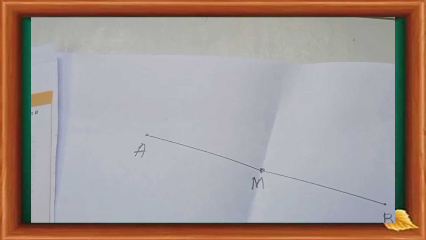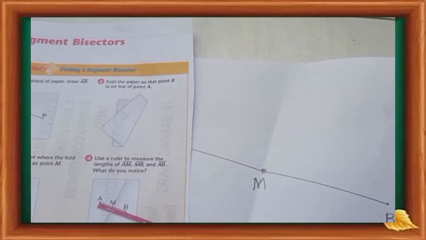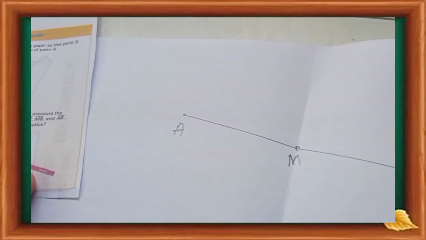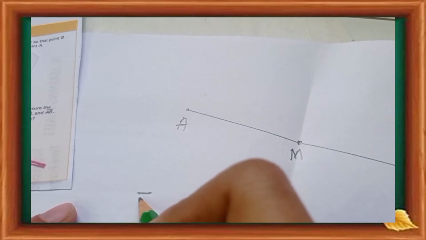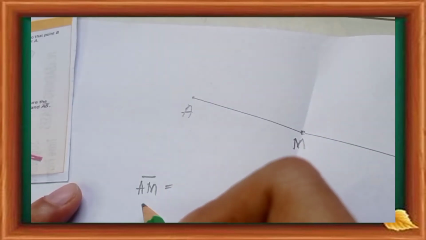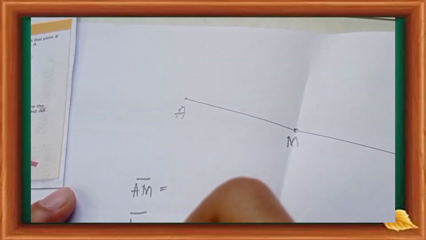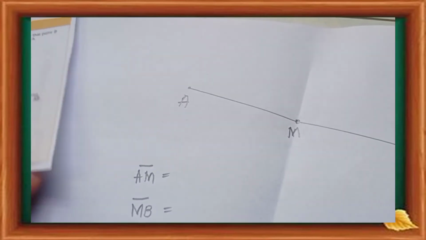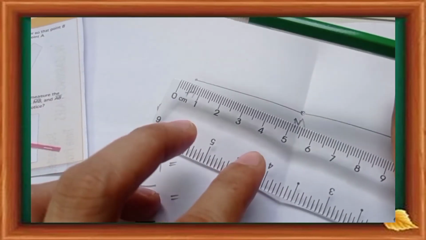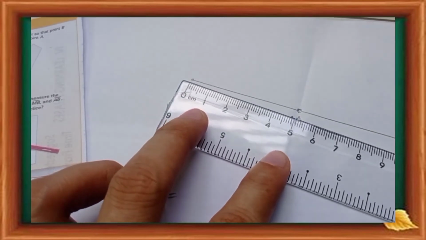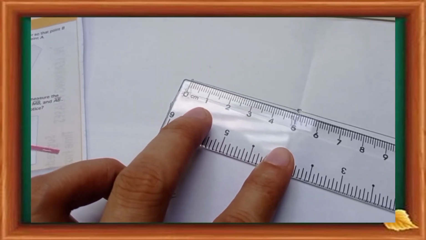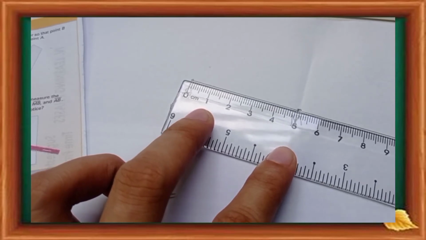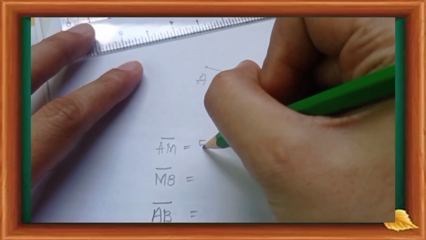Then, using your ruler, let us measure the segments that we have. As you can see, we have three segments: segment AM, segment MB, and the original segment AB. What is the measurement of AM? 5 centimeters. How about MB?